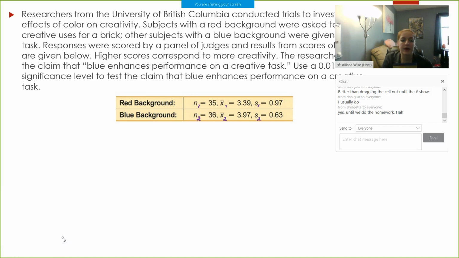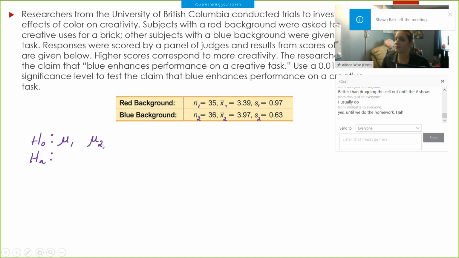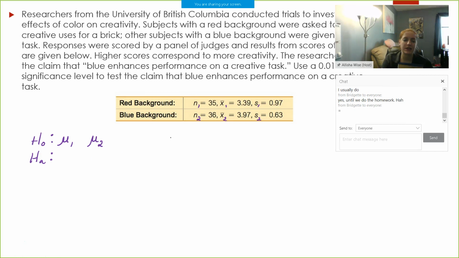First step is to come up with your null hypothesis and your alternative hypothesis. So our null hypothesis always starts out the same. What do we throw in our null hypothesis? It's my favorite part. Equals, yes.